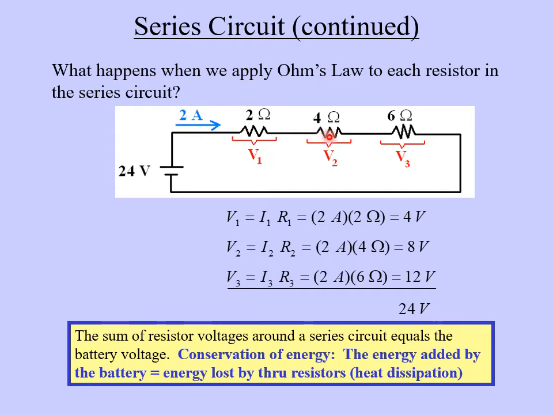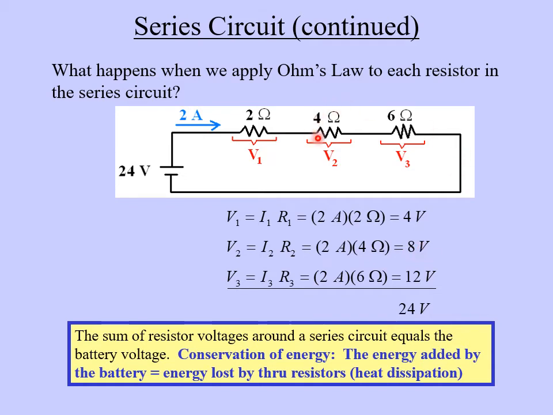Let's go on and do the same thing to the second resistance. So V2 equals I2 R2. Now we're talking about this guy here. So again, the current I2 is the same as the current I1 because the same current goes through all of these. So again, we have 2 amps. But this time our resistance, R2, is 4 ohms. So 2 times 4 gives us 8 volts.